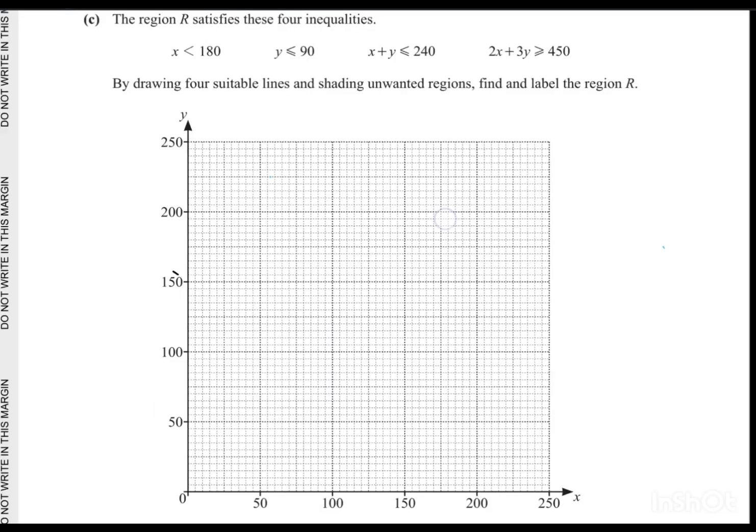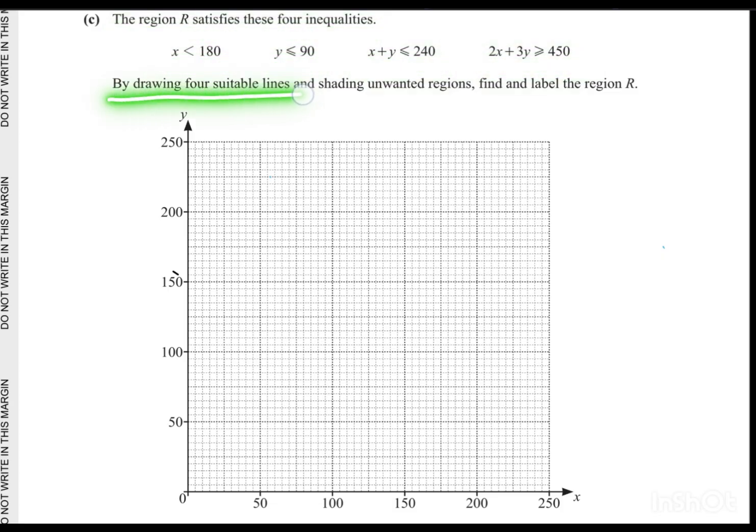Question C. The region R satisfies these four inequalities: x less than 180, y less than or equal to 90, x plus y less than or equal to 240, 2x plus 3y greater than or equal to 450.